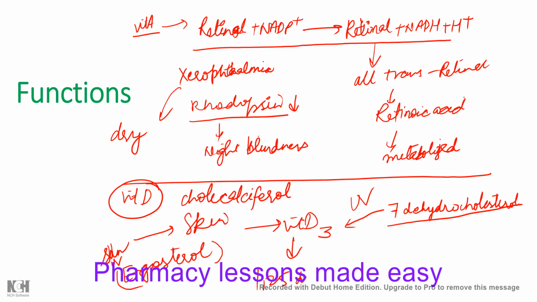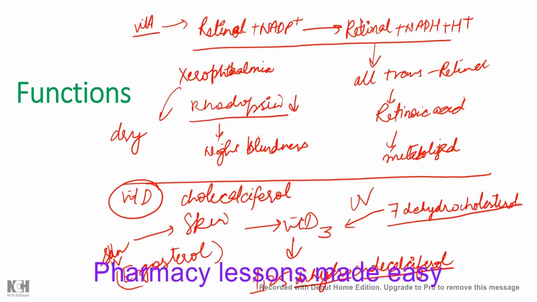1,25-dihydroxycholecalciferol. This form, 1,25-dihydroxycholecalciferol, is the most active form, which is formed from cholecalciferol with the reaction of two NADPH dependent hydroxylations.